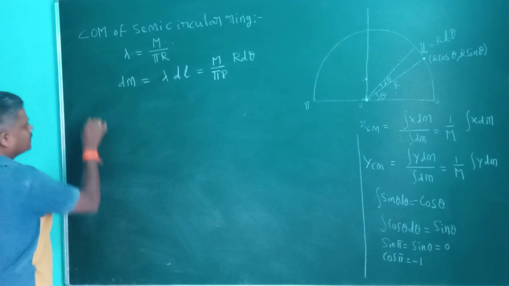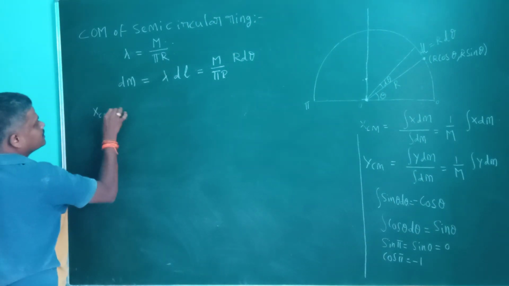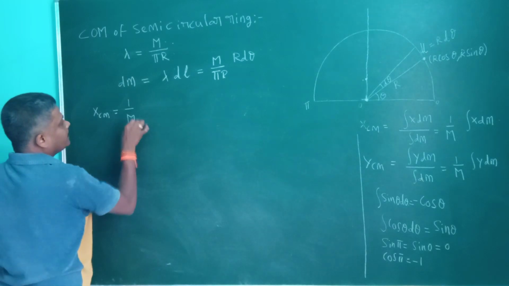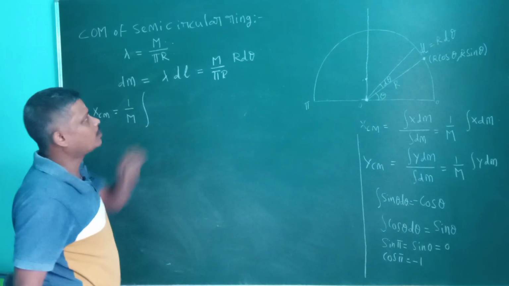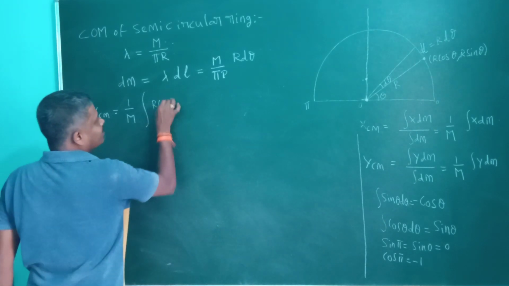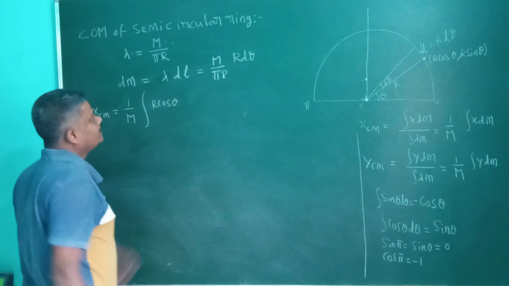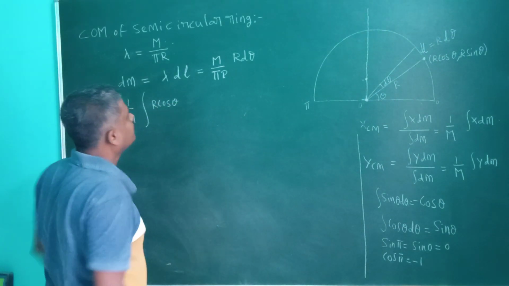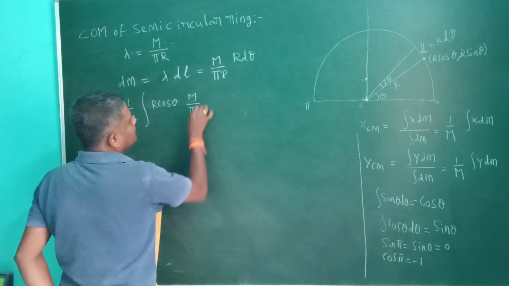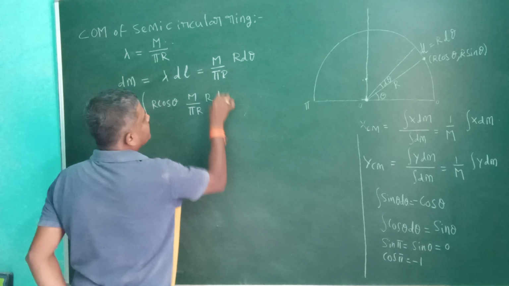Then x center of mass is written as 1 by M integral, where the x coordinate of the element is r cos theta, times dm. dm is written as M by pi r into r d theta.